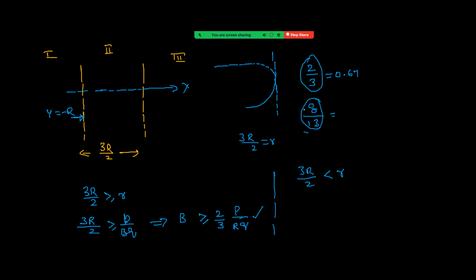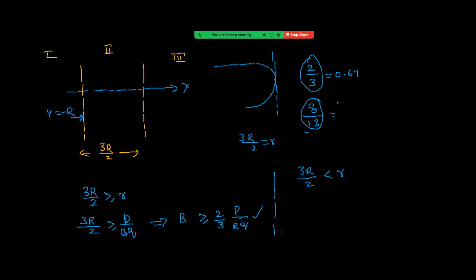Now focus on option C. See the sentence carefully. When the particle re-enters region 1 through the longest possible path in region 2, the magnitude of the change in its linear momentum between the point P1 and the farthest point from the y-axis is P by root 2. So you have to focus on the sentence carefully. Re-enters region 1 through the longest possible path.